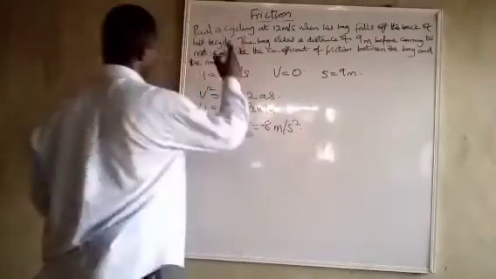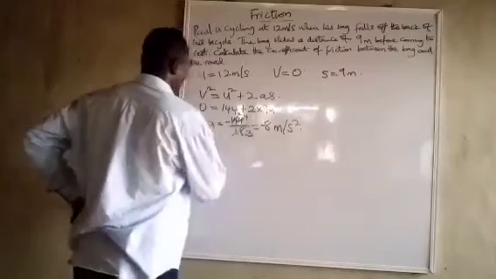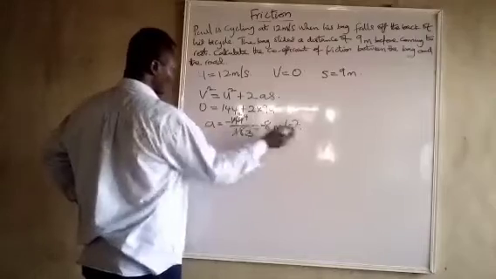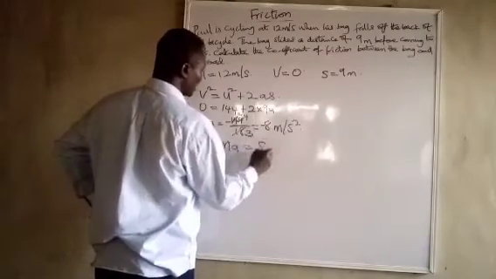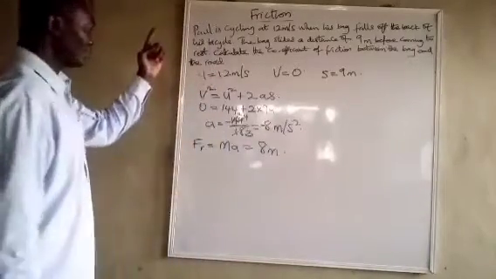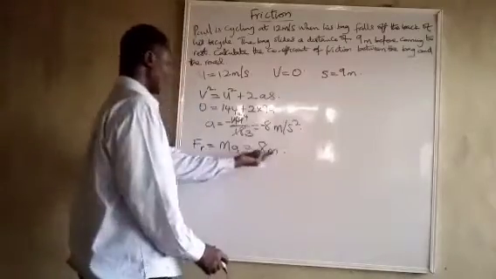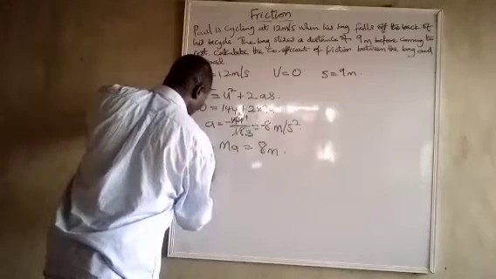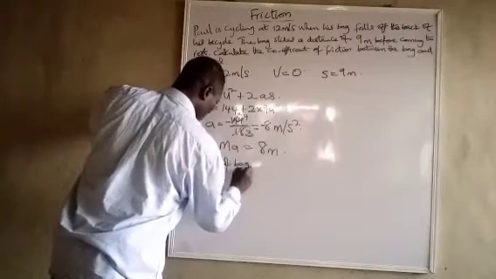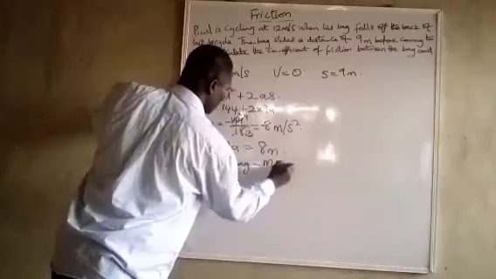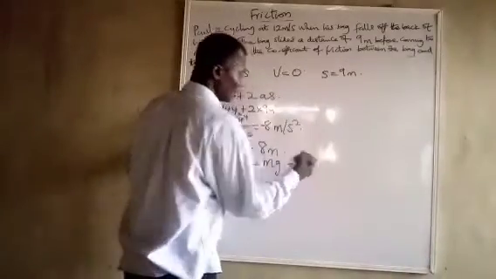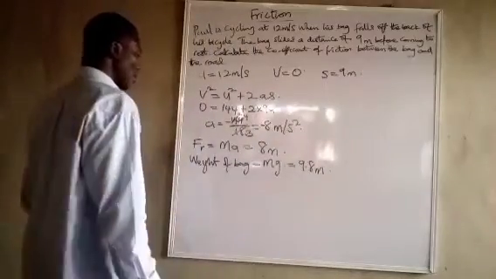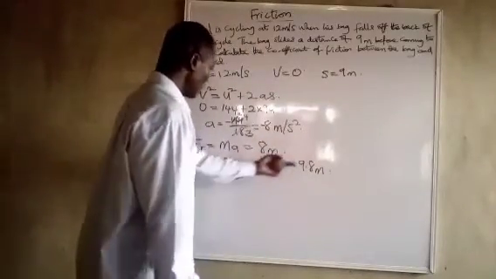Now, if you look at it, the force acting against the bag, F, will be equal to MA, which is 8 N. And the weight of the bag is equal to mg. So g is 9.8, so we have 9.8 N.